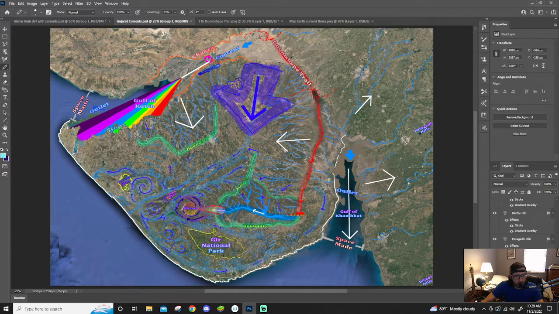Then it comes around here and goes around Girnar, where it's swirling into, but it goes around up here, because this is less energy. The main currents are coming from the storm itself over on this side, especially here.